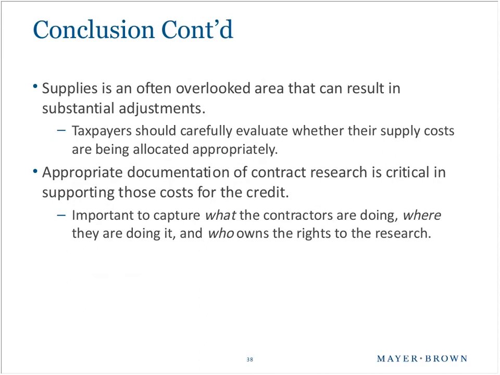Supplies are an often overlooked area, but they can result in some substantial adjustments. I mean, that one I mentioned about meals, when you added it up, it was several million dollars of meals over the course of all the departments. So, that is an item there. I would think about how you're allocating it. As Mike says, that's usually not challenged.